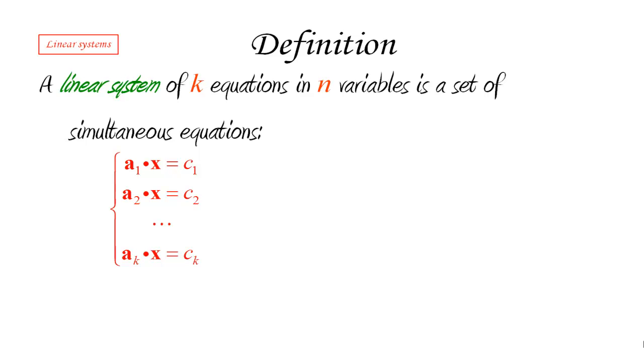Each one of them is a linear equation, so each one of them has a vector of constants, a1, a2, up to ak, and each one of them has a constant on the right hand side, c1, c2, ck. Of course, x is going to be the same in all of the equations, and remember, it's a variable vector, so it consists of a bunch of individual scalar variables.